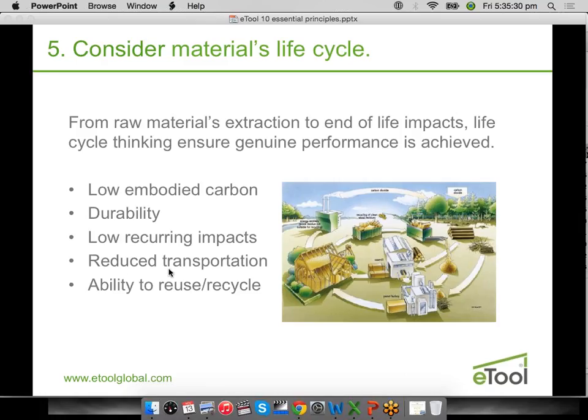Reduce transportation, so understanding where materials are coming from, what is the transportation mode. Is it better to come from China by sea or come from Melbourne by truck? Not only the distance, but the transportation mode. And the ability to reuse. King's Square here is a good example.